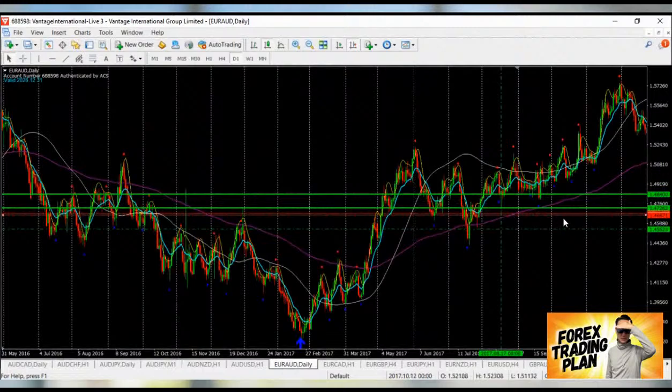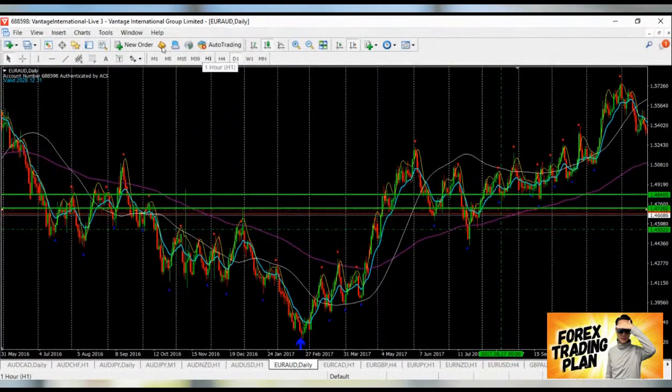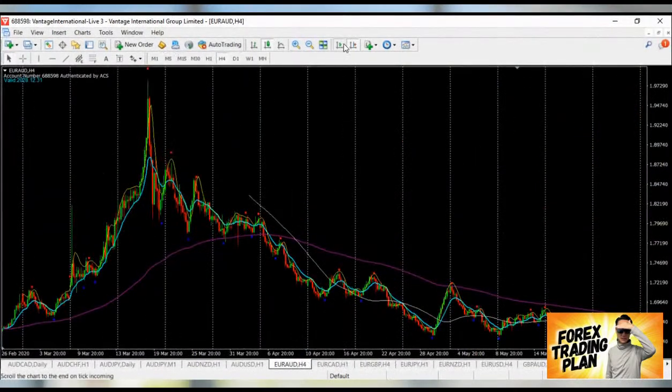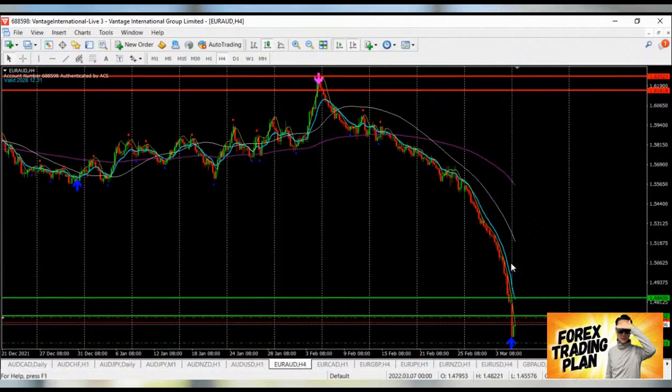On H4, we actually meet up here. One here, two here. Oh my god, it's pretty high up. While Euro Aussie, yes, this zone here, the bull zone, has actually become the resistance over here.